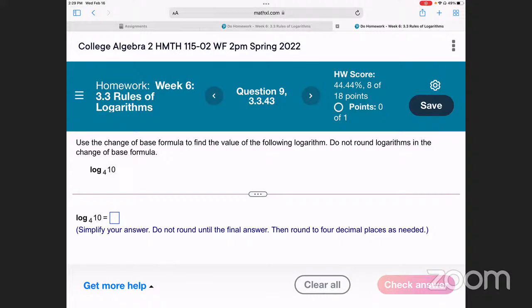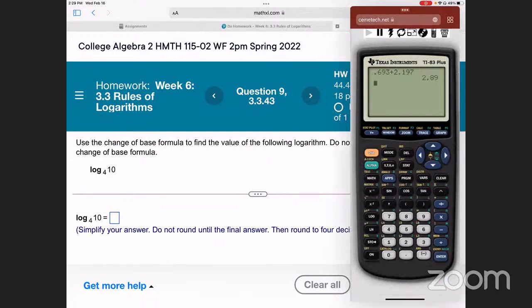Do not round logarithms in the change of base. Do not round log of 10 to 5, then round to 4 decimal places. So first, I'm gonna do the natural log one just to show you that it works. The natural log of 10 divided by the natural log of 4.